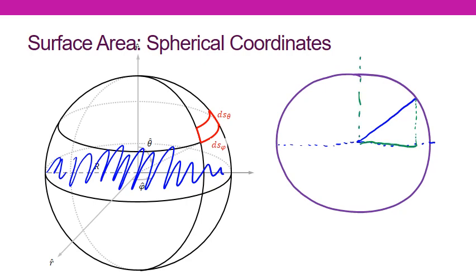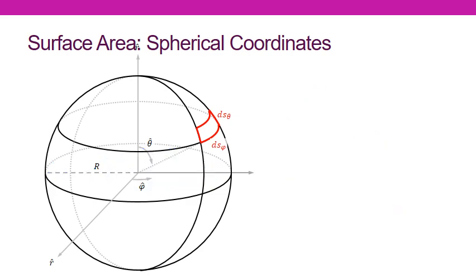Well, this angle is theta, and this length is r. So I've got the hypotenuse of a triangle and one interior angle. And so this length is r sine of theta. When I put this all together, then, for my arc lengths, I'm going to get a ds theta that is just r d theta, and a ds phi that is now r sine theta d phi.